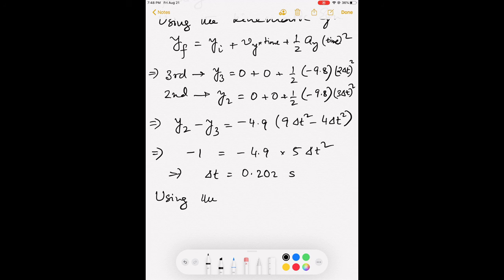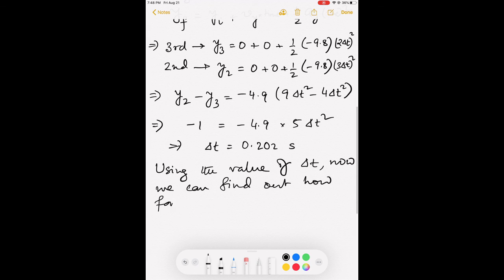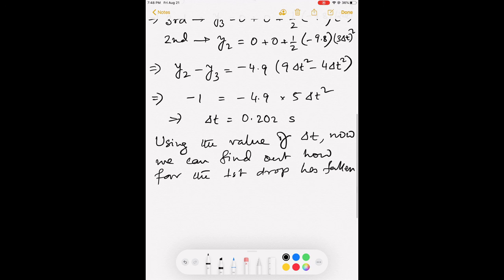So using the value of delta t, now we can find out how far the first drop has fallen. And whatever that distance is, that is basically your height of the building, right?